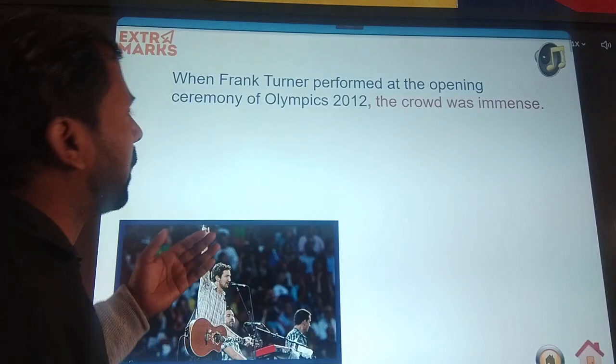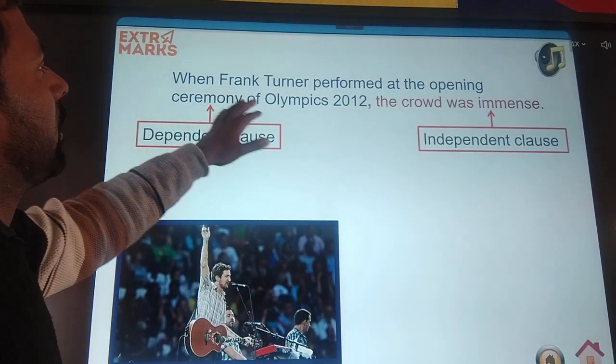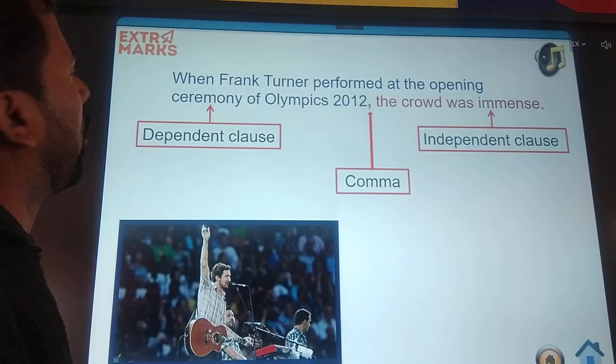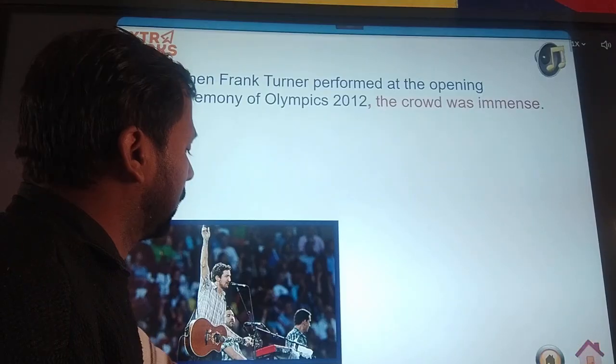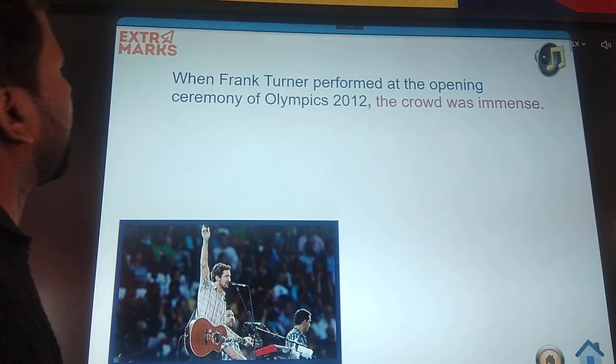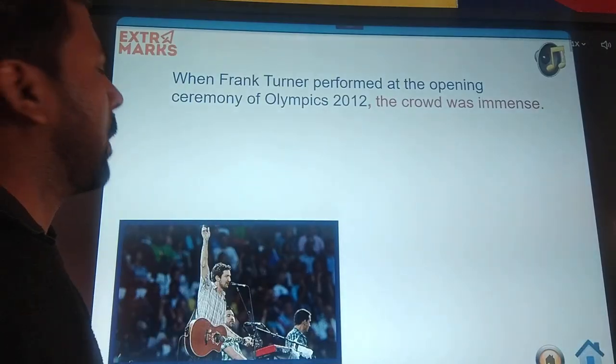So here is the use of the subordinate conjunction, like this: When Frank Turner performed at the opening ceremony of the Olympics 2012, the crowd was immense.